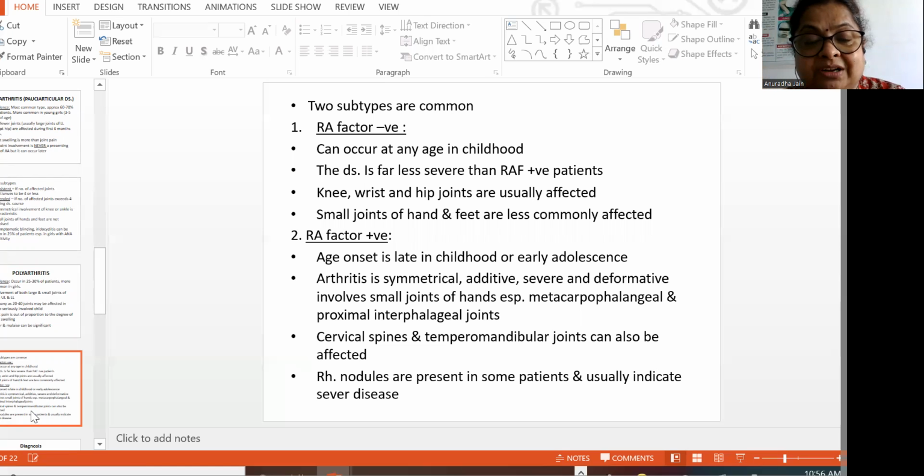So it is the opposite of the oligoarticular joint involvement. Here, small joints are involved. Then cervical spine and temporomandibular joints can also be affected. Then RA nodules are present in some patients and usually indicate severe disease.